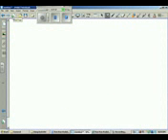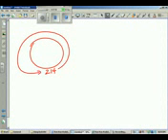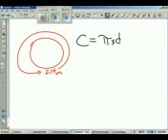The third type of question you might see today is where they give you the circumference. I'm going to make a number up here, and I'm going to say it's 214 meters around the outside of this circle. So if you're looking where to start, you start in the same place every time, and that is with your formula. C equals pi times diameter.